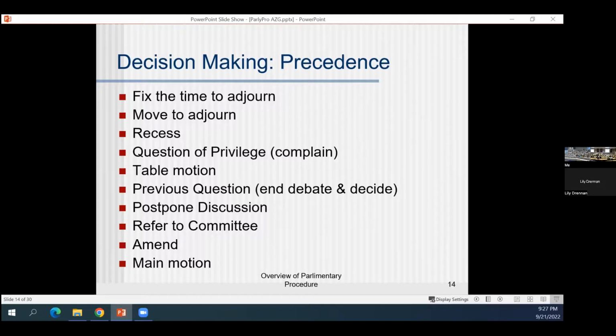Or, as would tend to happen in a chapter, refer it back to a standing committee that already exists and have that committee report at the next meeting what they think should be done on that topic. So we can deal with all of those other things, get them out of the way, and then come back and focus on the main motion.